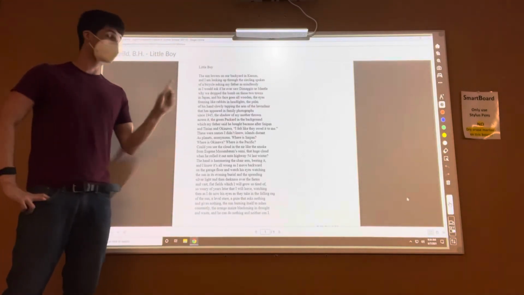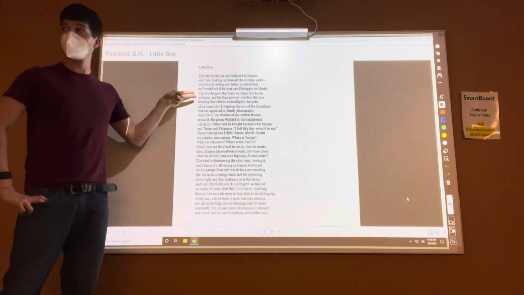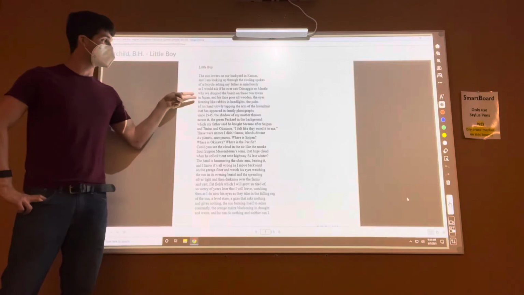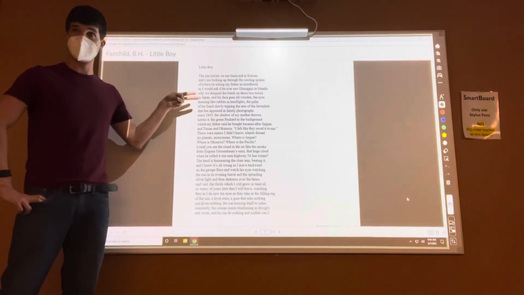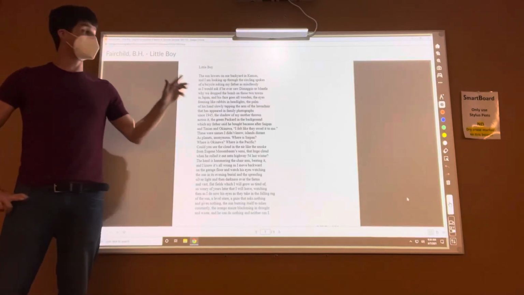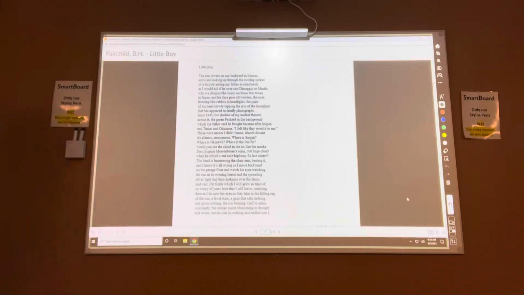So, for good reason, these two lines get all the play in this poem because that's the moment of crisis, right? That's where the drama in this poem comes from, that question. But what is interesting to me is the setup for that question. Who are DiMaggio and Mantle? Does anybody know? Baseball players.